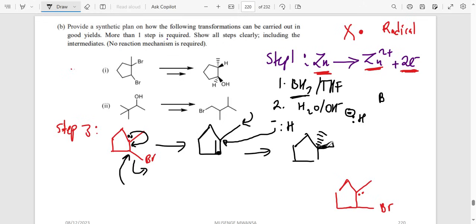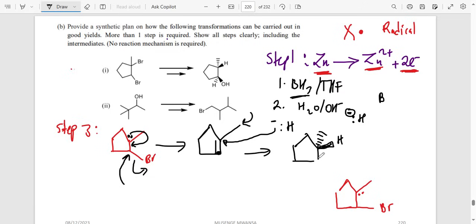That is because you can't attack from the front where you already have a group. So if this group is at the back, this hydrogen which is coming in can't attack at the back. If the methyl which was present was in the front, the hydrogen always goes at the back. So there's always that change.